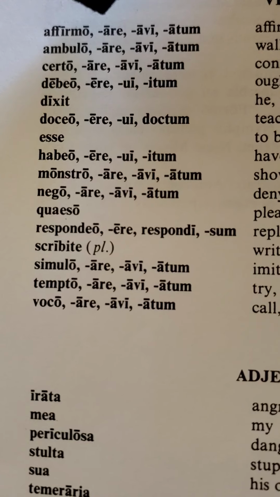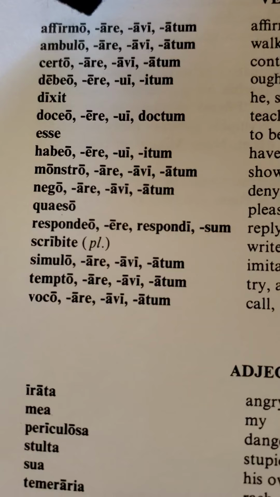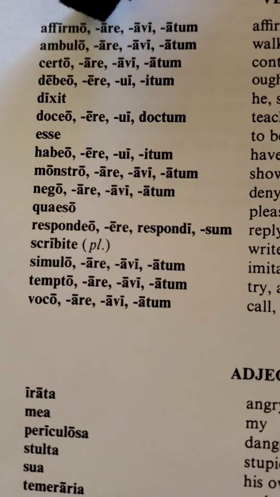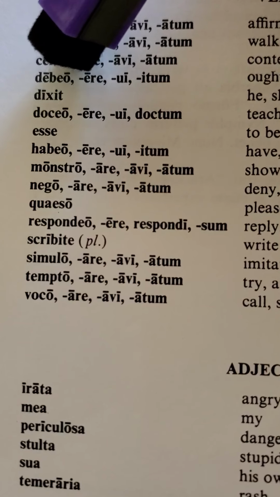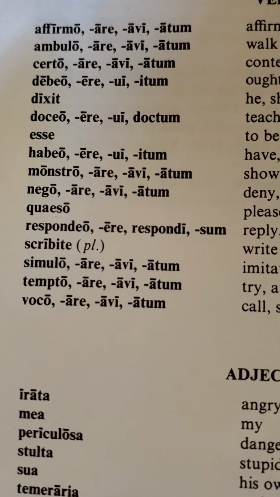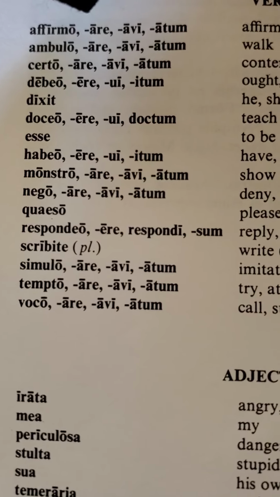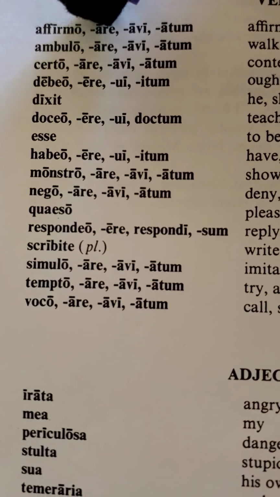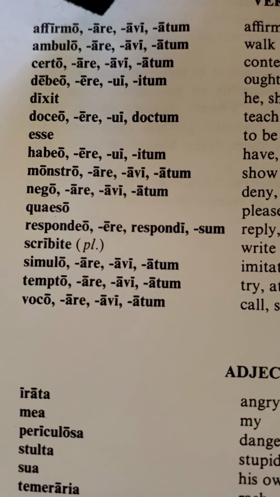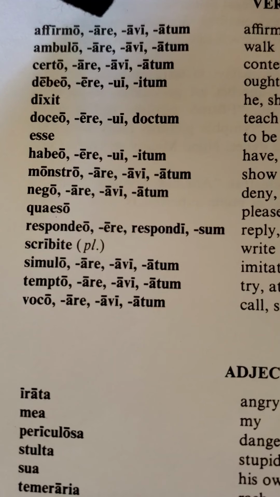In this chapter, we are going to learn both about the verbs that have the ARE and the verbs that have the ERE. I'm going to show you in just a minute how we form the principal parts from the endings.